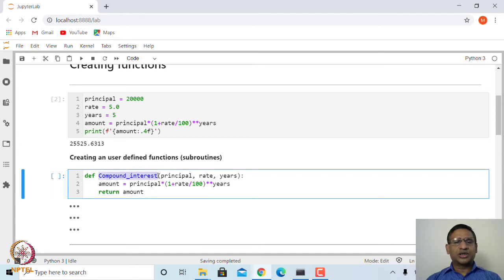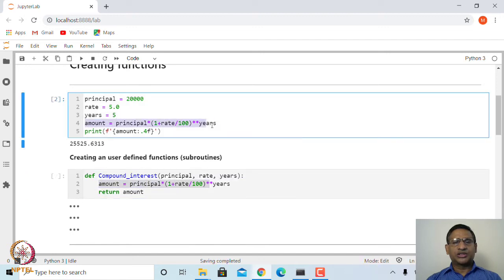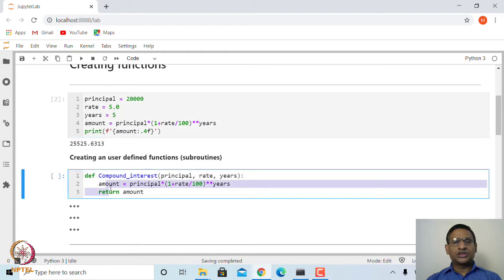I am giving the name compound_interest, and then these are the arguments. In this case the arguments we want are the investment, that is the principal, the interest rate, and the number of years for which the investment is made, and then calculate the amount using the same formula. I have just copied this particular line inside this.